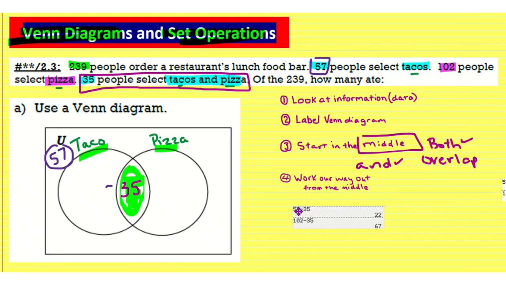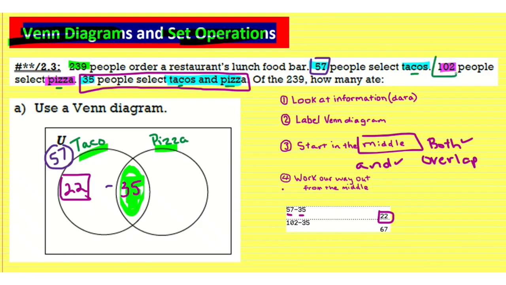When we do that, we are going to get the number that actually belongs in the Venn circle. So here we have 57 minus the 35. So 57 minus the 35 gives us 22. So 22 people actually ate only tacos. Only tacos. Okay, so the same thing's going to happen over here for the pizza.